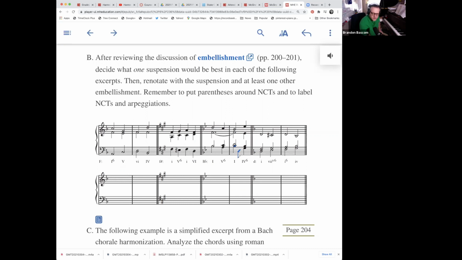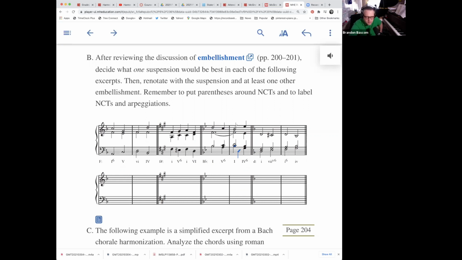I have to resolve it. Is that horrible? Good. The other thing the book does is they make a 9/6 suspension.